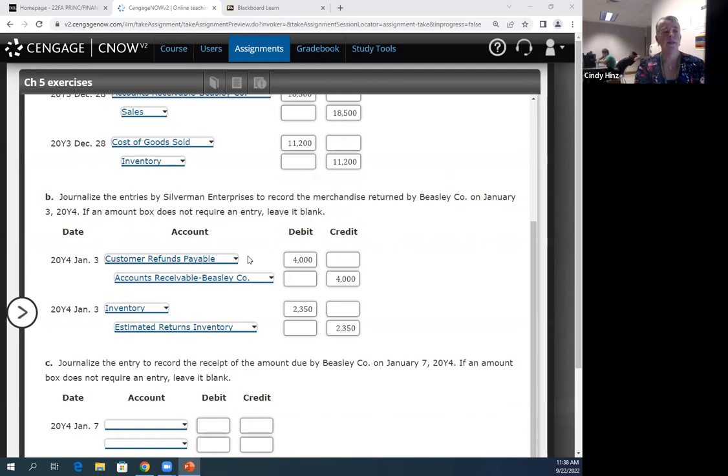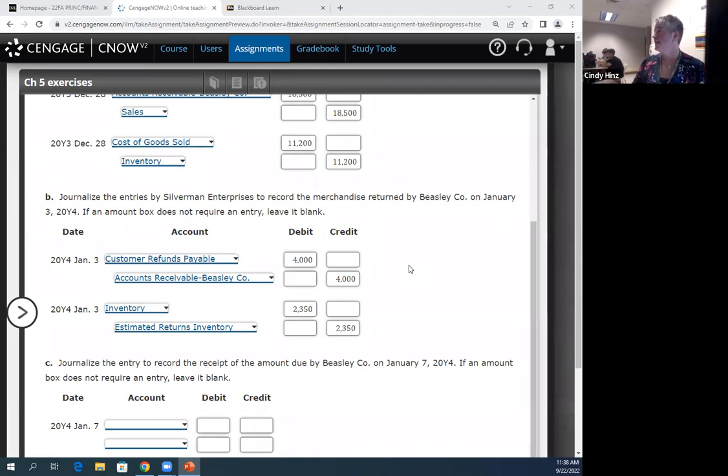When we debited customer refunds payable, what we are really doing is using up, or reducing in part, that liability. We knew that some of our customers might return the merchandise. And so we set up this payable, a liability that we have to accept their refund, their return.